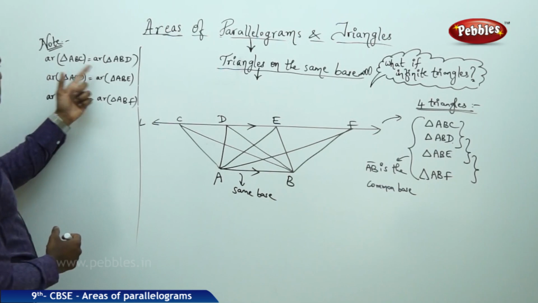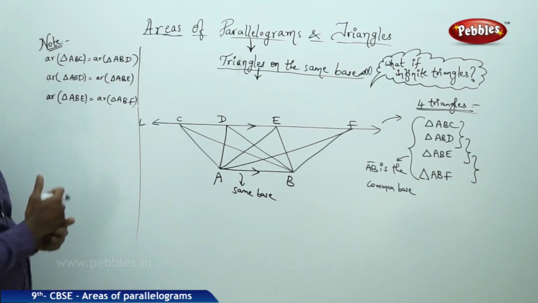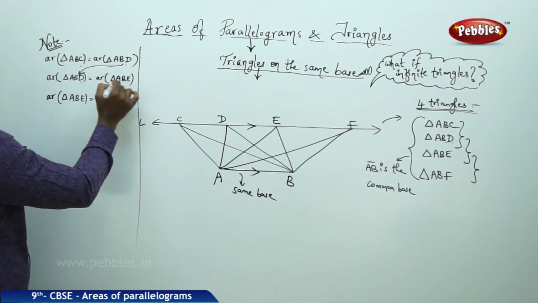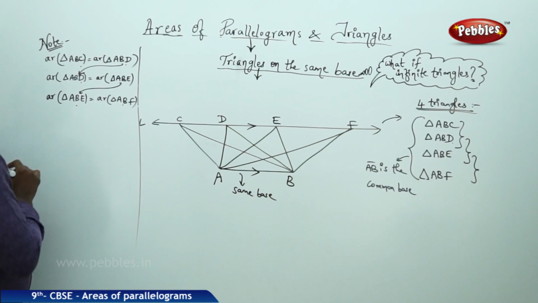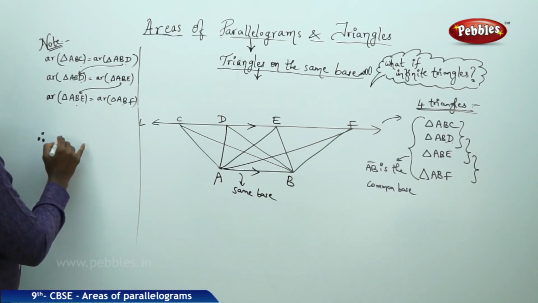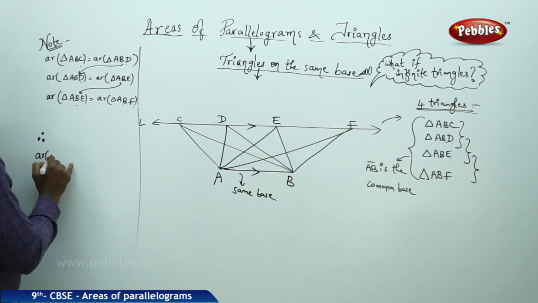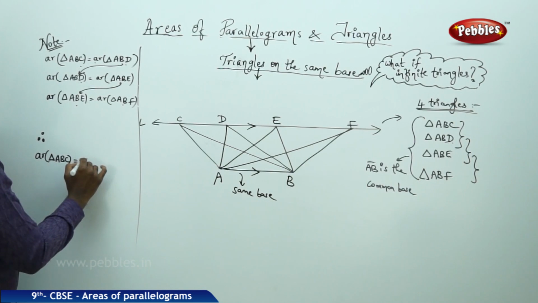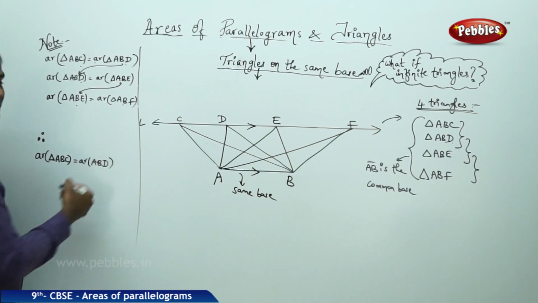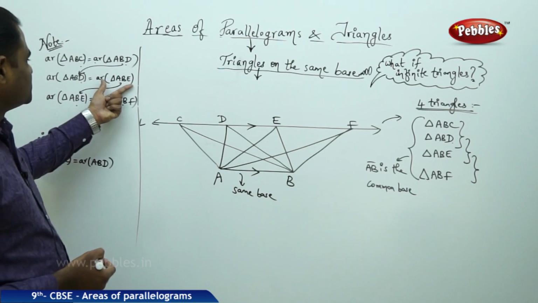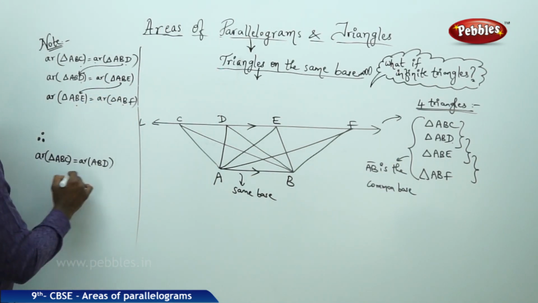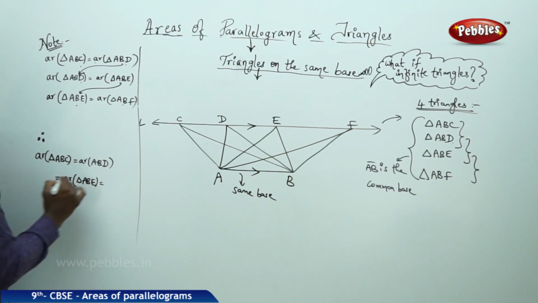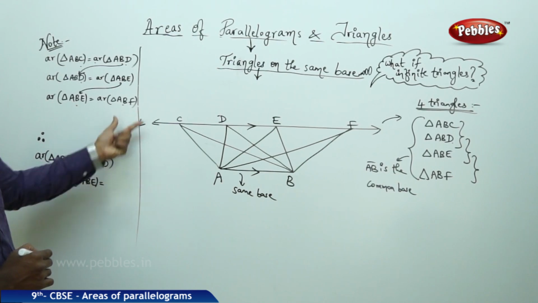Now that each of the triangles are equal, when I combine all these possibilities, triangle ABC equals triangle ABD, which in turn equals ABE, which in turn equals ABF. Therefore, area of triangle ABC must be equal to area of triangle ABD, which in turn equals area of triangle ABE, and ABE equals ABF.